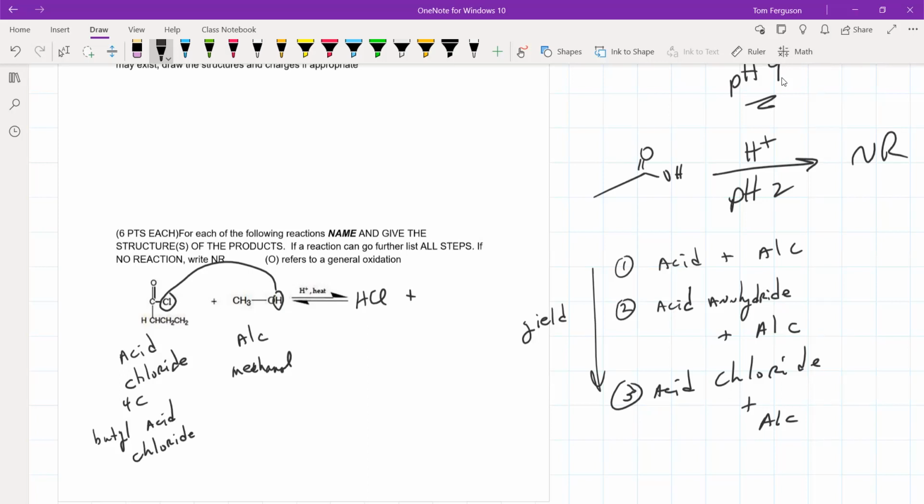Butyl acid chloride. And end up with an ester. It's going to be methyl. We're going to have a 4-carbon.